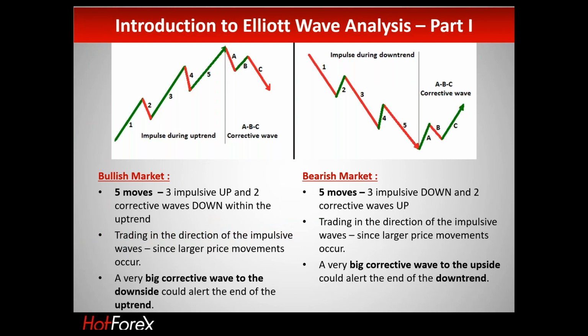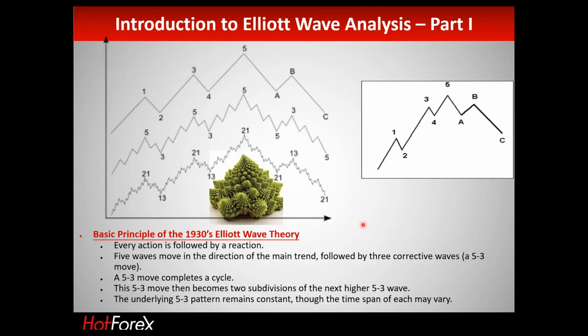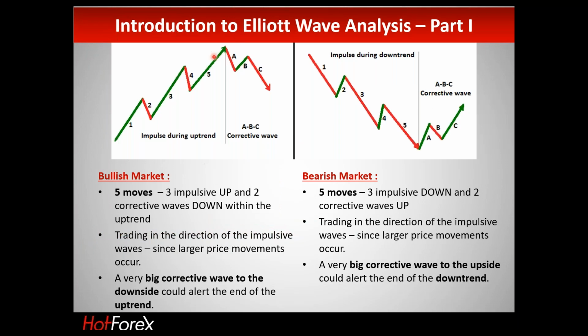Cool. So now I told you before, and hopefully I didn't confuse you, we have 5 motive waves, impulsive waves, and 3 corrective waves. However, within the 5 impulsive waves, we can say that number 2 and number 4 also can be called corrective waves.